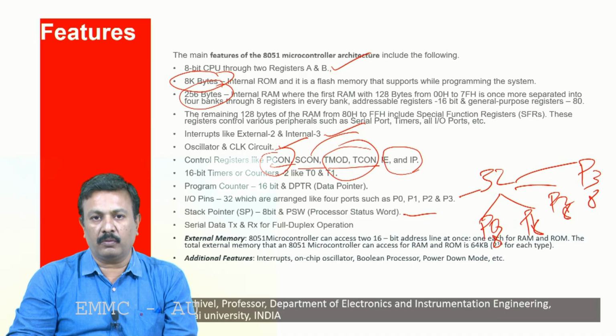If you are connecting the 64 kilobytes of RAM, you are losing the ports P0, P2 and P3. You have to keep that in mind while connecting external memories. Then additional features are on-chip oscillator, Boolean processor, and power down mode. These are some additional features available in your 8051 microcontroller.